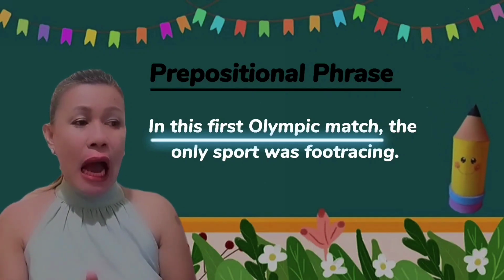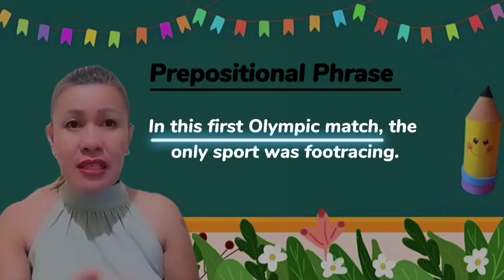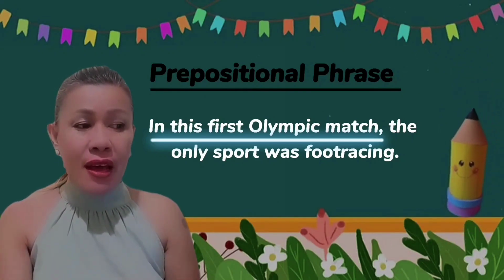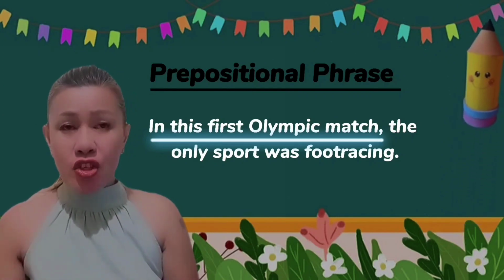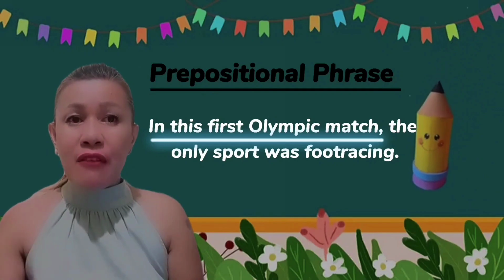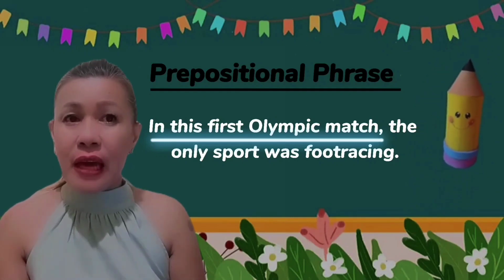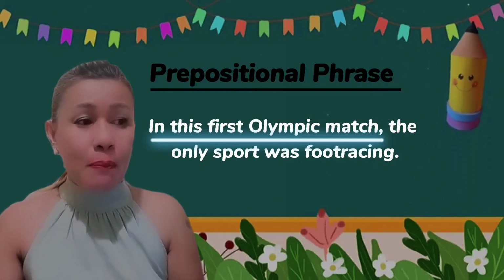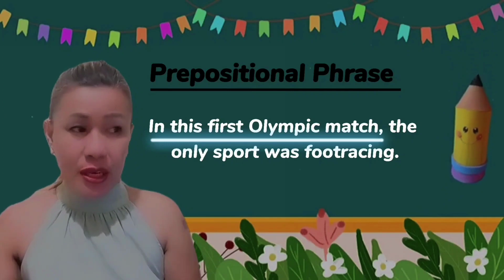And in this case, instead of our subject coming first, it's our prepositional phrase that is introducing our sentence. So it's a variation. So again, a prepositional phrase can give variation to our sentence beginning. Not necessarily our subject coming first, but a prepositional phrase can come first.